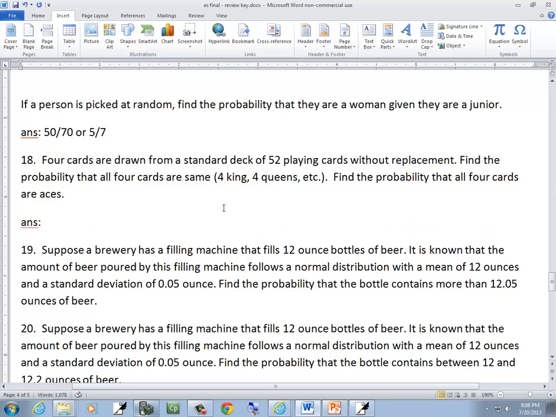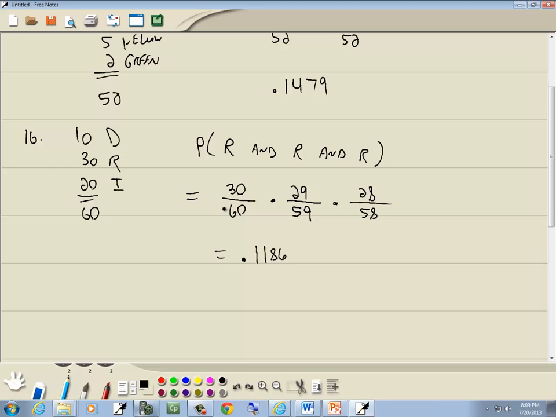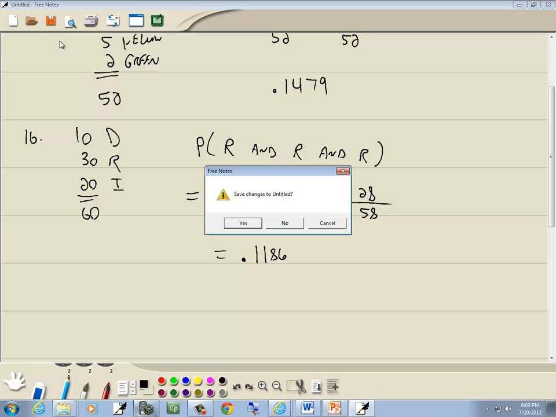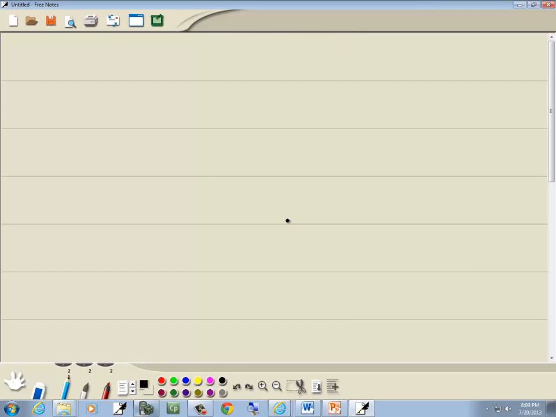Okay, number 18. 4 cards are drawn from a standard deck of 52 playing cards without replacement. Find the probability that all 4 cards are the same. 4 kings, 4 queens, 4 tens, so forth. This is a commonly missed one. So probability 4 the same.